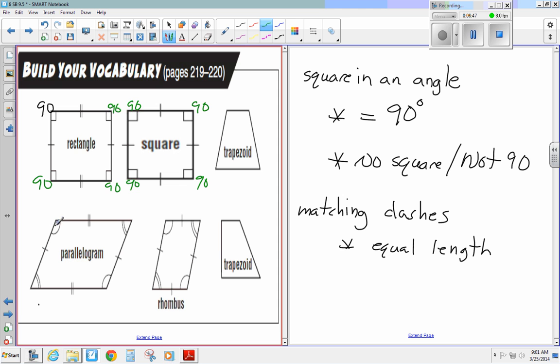This right here is not 90. All right? Rhombus, not 90, not 90, and so on. Notice here for a trapezoid that some trapezoids have this side right here and this side right here, they're parallel.